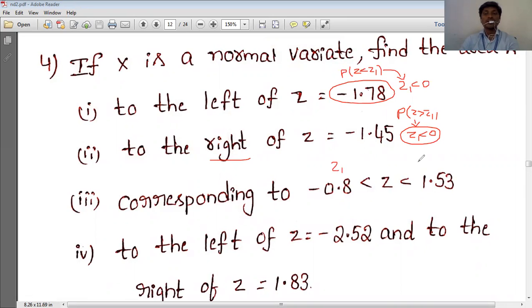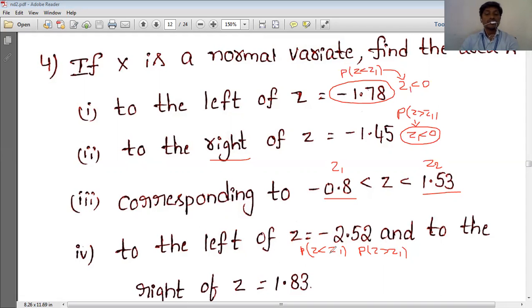This is z1 and this is z2, so one is negative and the other is positive. To the left of z means P of z less than z1, and to the right of z means P of z greater than z1.